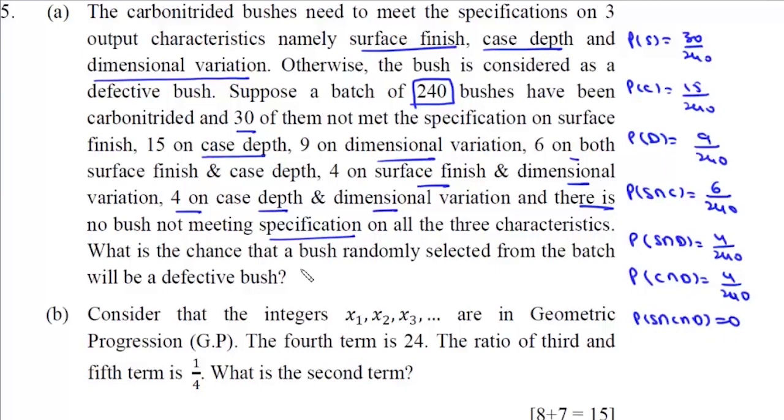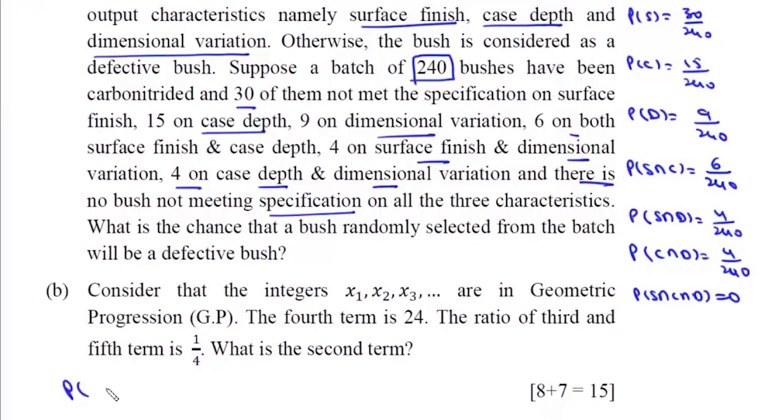Now we need to find the chance that a bush randomly selected from the batch will be a defective bush. Now a bush will be defective if it has a problem in either surface finish or case depth or dimensional variation. Now this is equal to P(S) plus P(C) plus P(D).